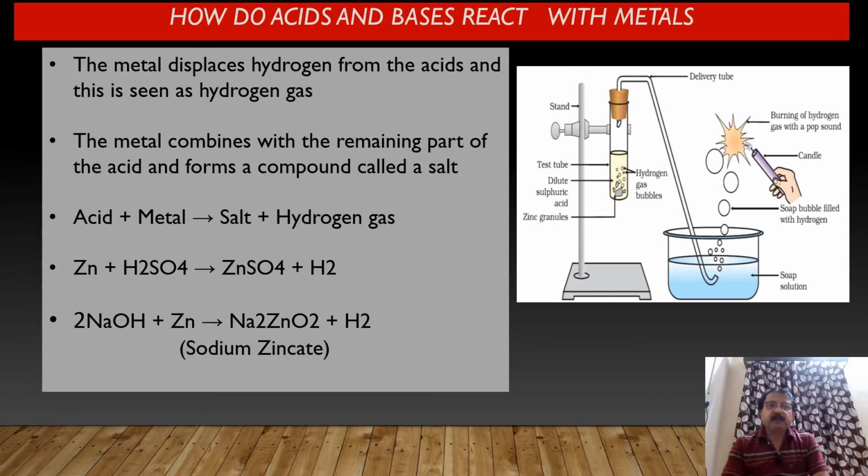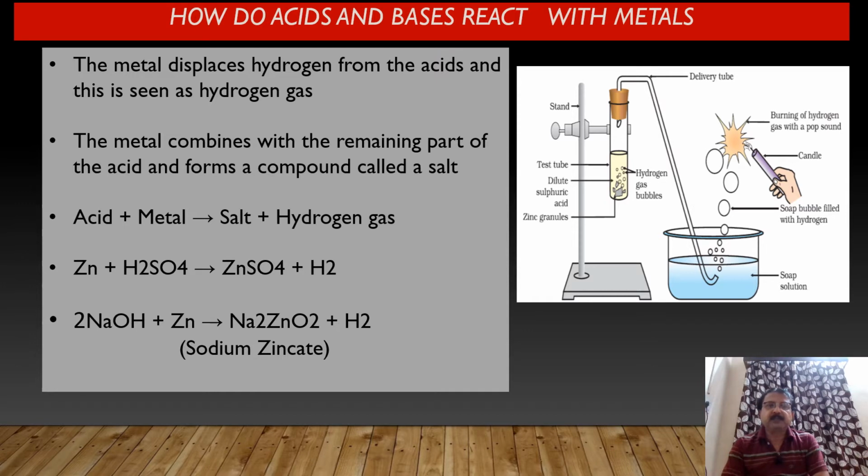We'll see in the form of reaction here. Zinc plus H2SO4. Zinc is metal, H2SO4 is acid. So with the reaction of this, we'll get here ZnSO4, that is zinc sulfate, plus hydrogen gas as H2.